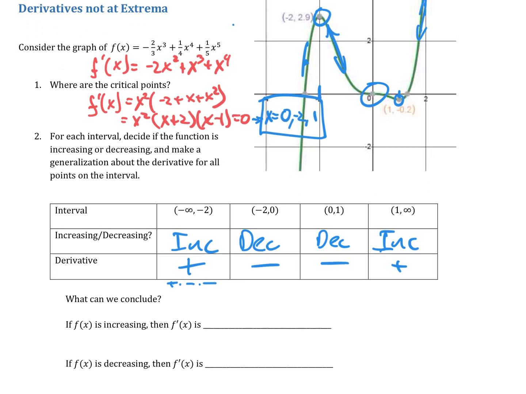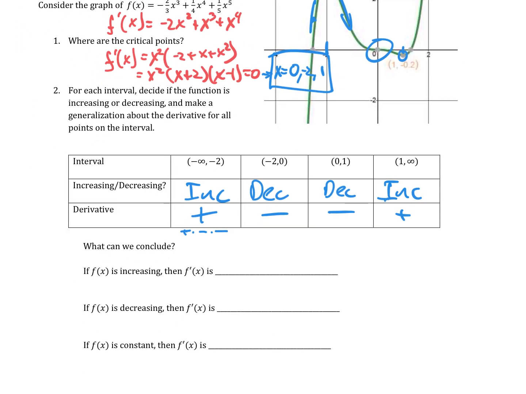So what can we conclude? Well, pretty easy to see that if it's increasing, the derivative, which is the slope, is positive. If the function is decreasing, like in these intervals, well, it's going down to the right, and that means the slope is negative. The slope, which is the derivative, is negative.